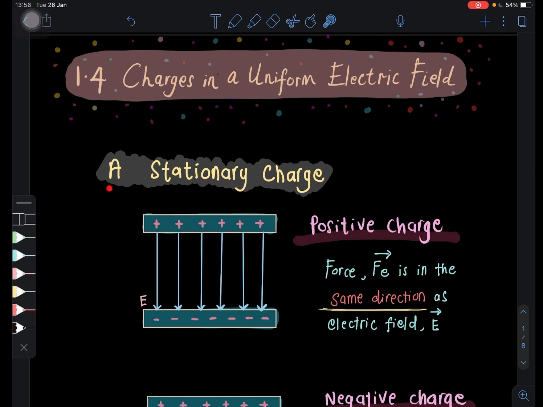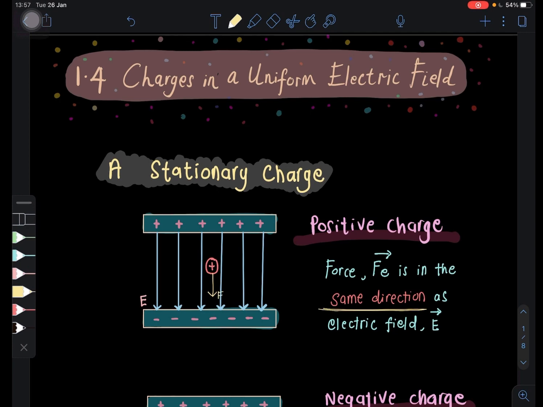So the first one is for the case of stationary charge. When we place a positive charge inside the uniform electric field, what happens is, charge secara naturalnya dia akan attracted to charge yang different sign. So positive will be attracted to negative. So there will be a force exerted on this particle.